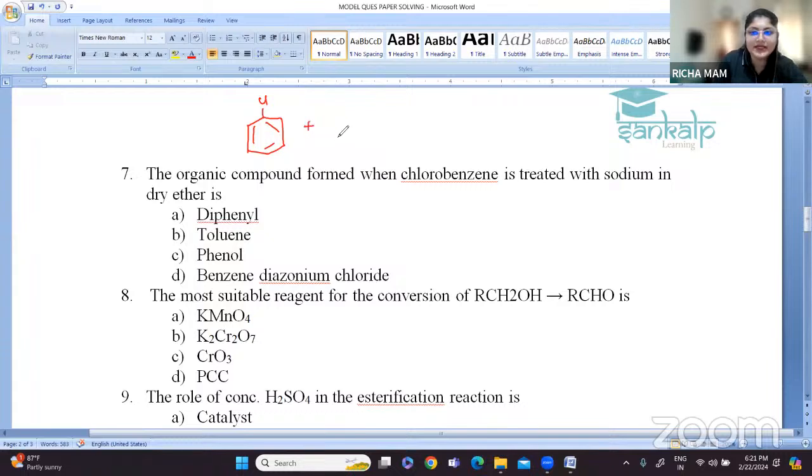When chlorobenzene is treated with sodium in the presence of dry ether, which reaction is this, students? Can you tell me which reaction this is?